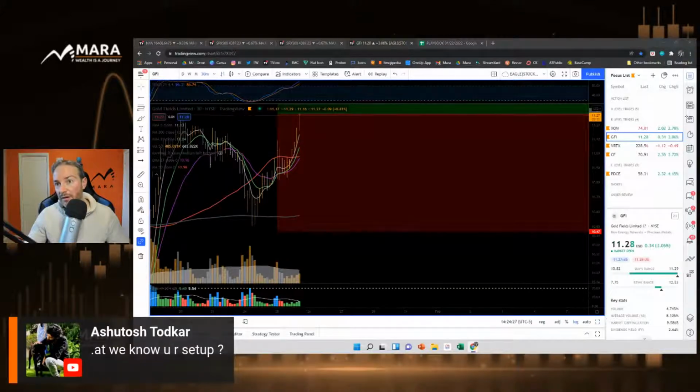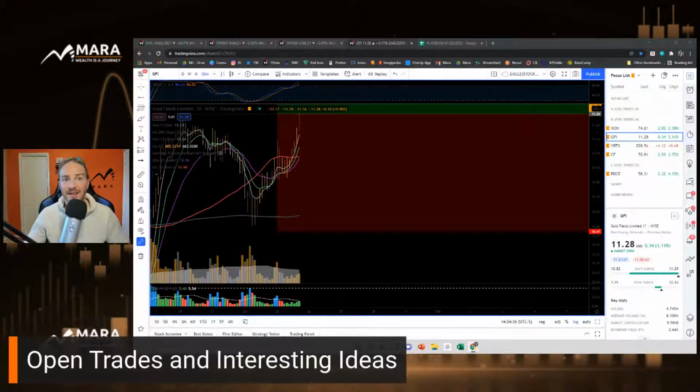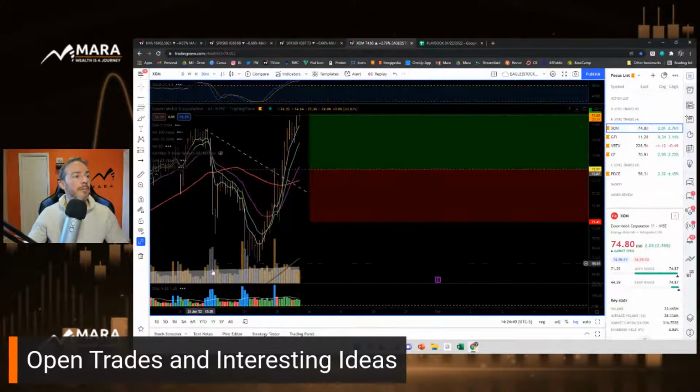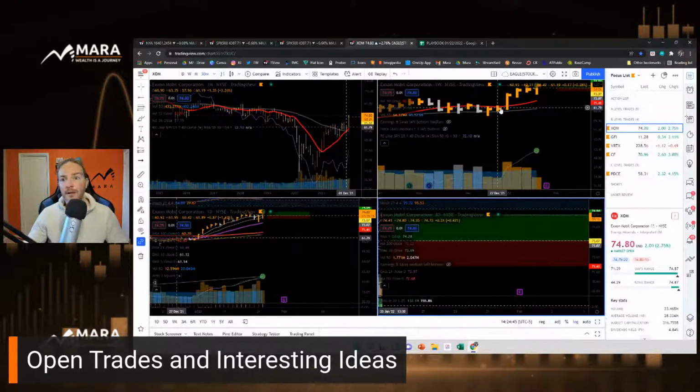Ash had a question. May we know your setup? There's a few different setups that I look at that I consider. Primarily, I'm looking for VCP type patterns. What's a VCP type pattern? Volatility contraction pattern, where price is volatile in the beginning and it contracts as we move left to right.